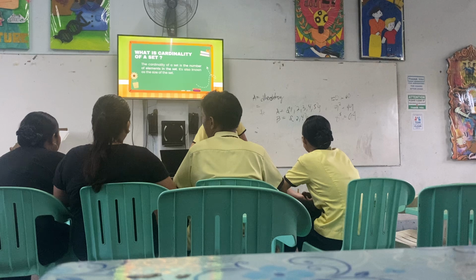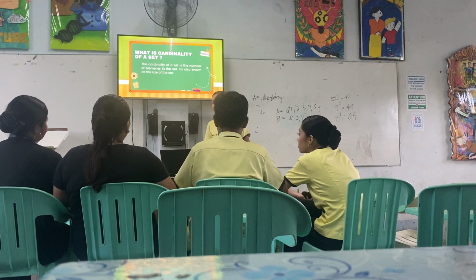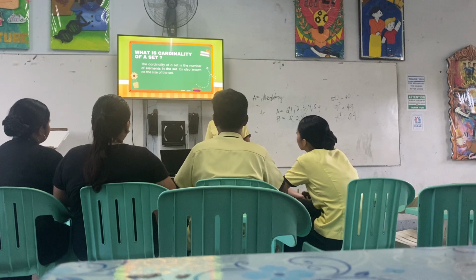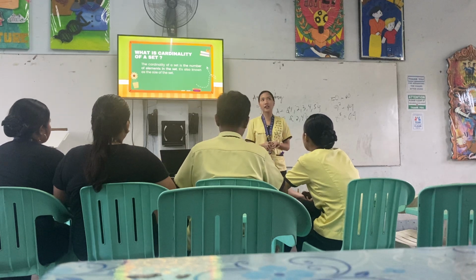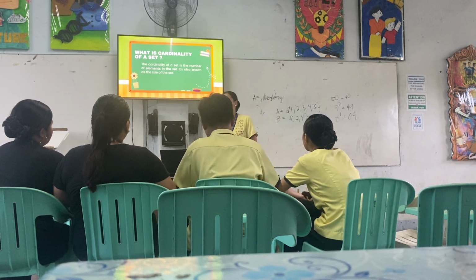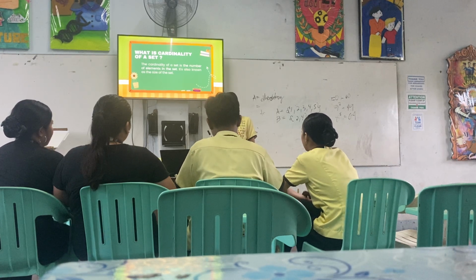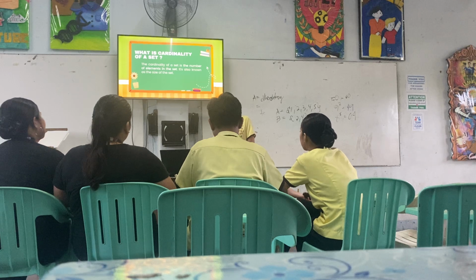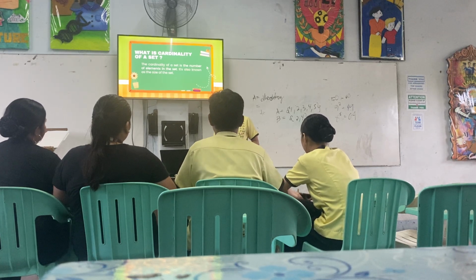Let's talk about what is the cardinality of a set. The cardinality of a set is the number of elements in a set. It is also known as the size of the set. As I gave earlier, the set of third year mathematics students in our lecture class at the university. How many? 14, right? Correct? So that is the cardinality, or the size of the set.